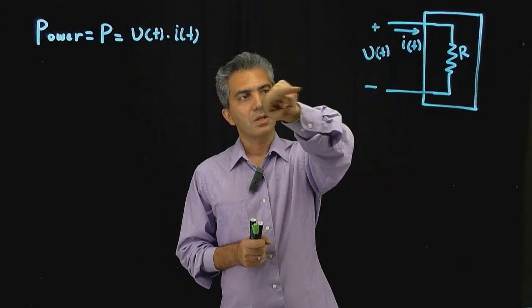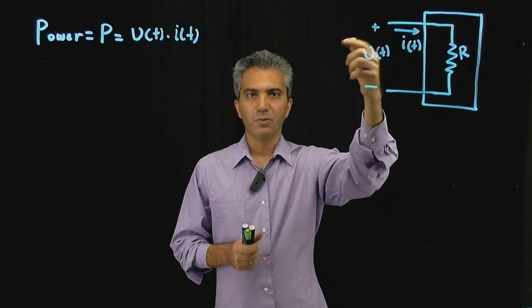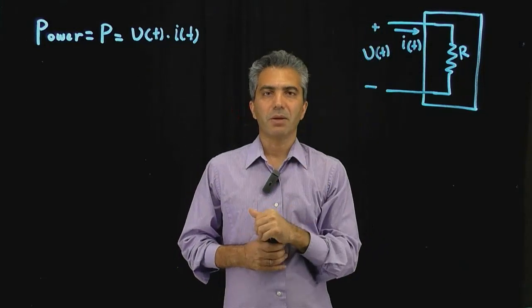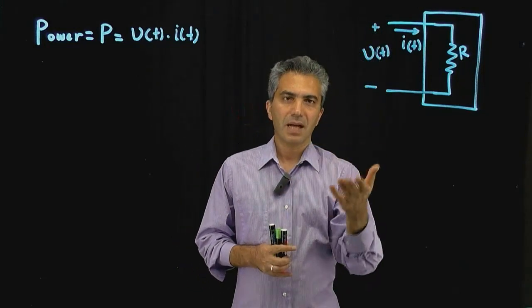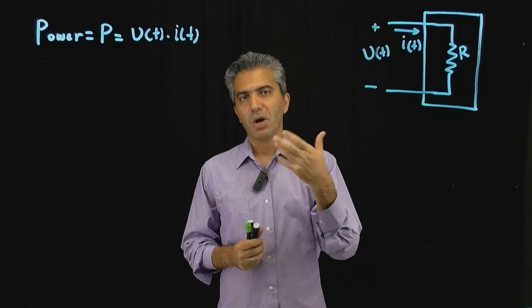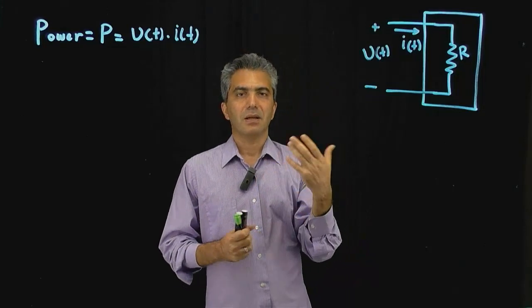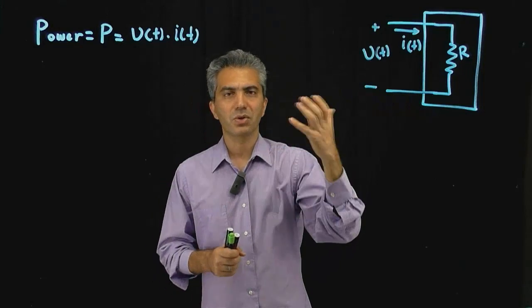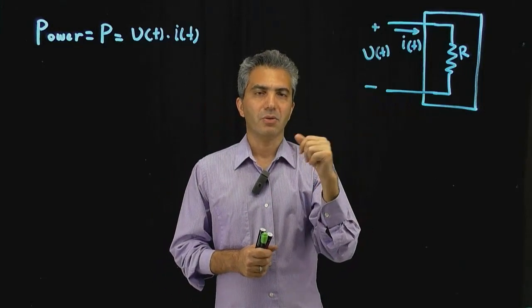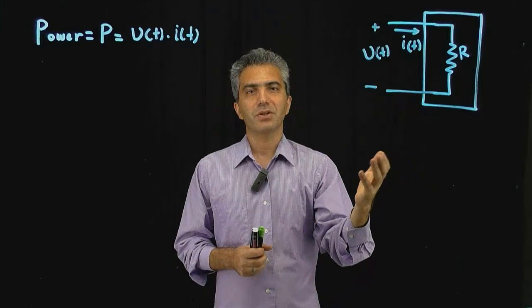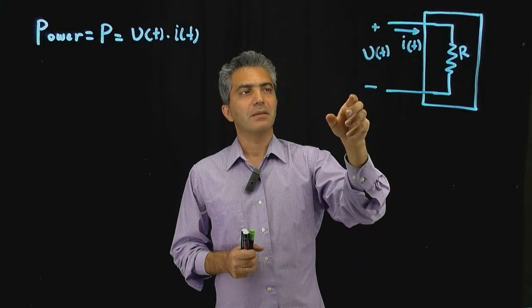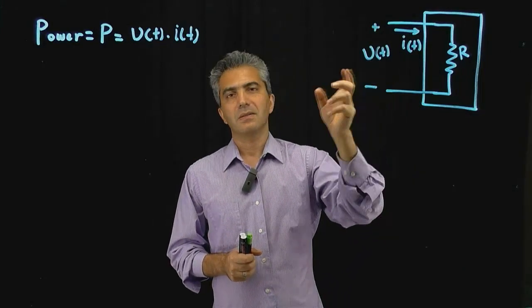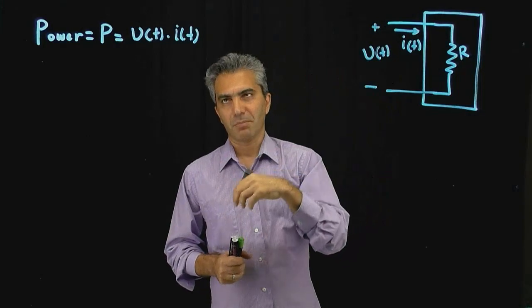And if the current goes into the negative terminal, you take the value of voltage and current and then multiply by a negative. Using that convention, if the power becomes a positive value, then this component is consuming that power or turning it into a different form of energy other than electrical. And if it's negative, it's basically generating that power.